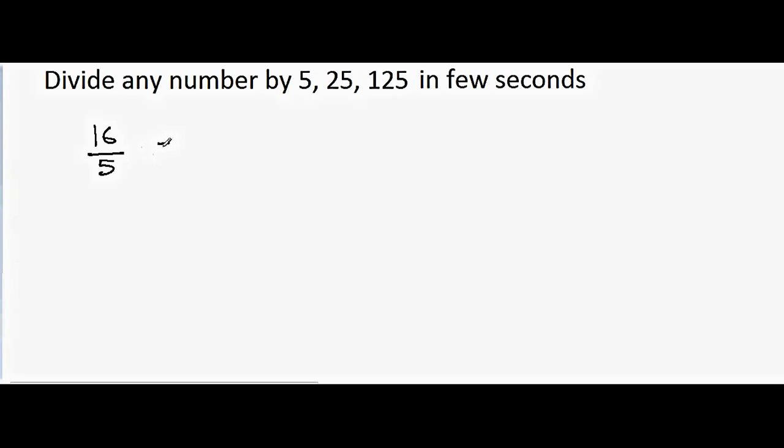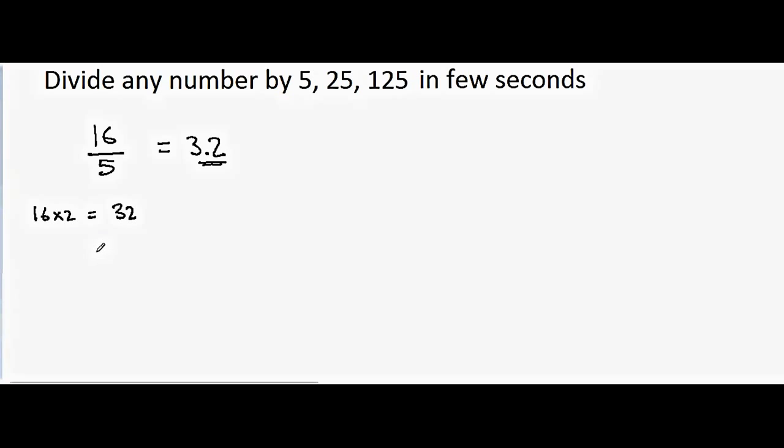However, if you use this trick, the easy way is you just multiply 16 by 2, which is equal to 32. So I write 32 here, and then I put a decimal after one digit from the right. So that is my answer. What I did is I just doubled the number, and then put a decimal after one digit on the right.